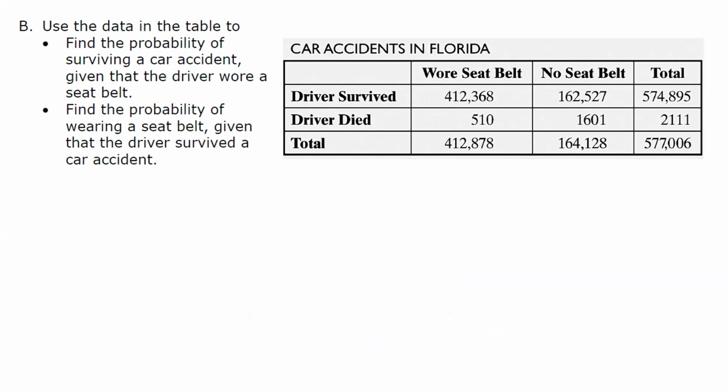Let's do another one. So we're going to use the data in the table to find the probability of surviving a car accident, given that the driver wore a seatbelt, and then find the probability of wearing a seatbelt, given that the driver survived an accident. Okay, so the first one, they survived and wore seatbelts.